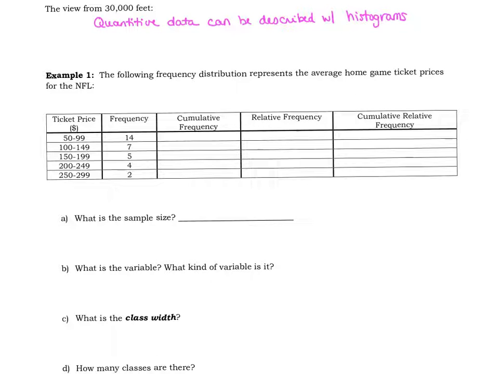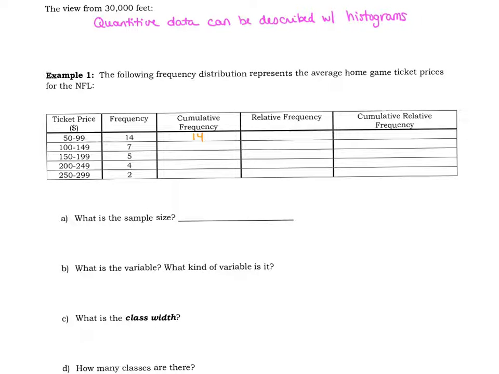For cumulative frequency, what does that mean? Remember, if you think about a cumulative final or a cumulative test, that means everything up to that point. That's exactly what it means in this case. In the 50 to 99 category, up to that point, there are 14 teams.